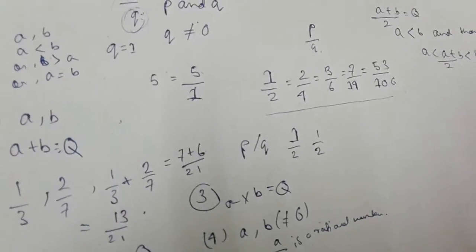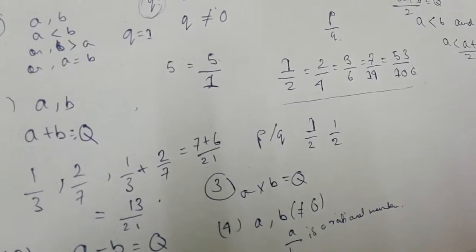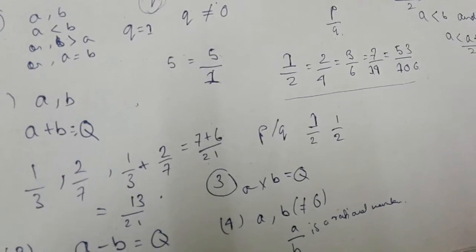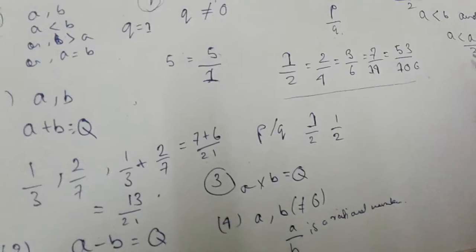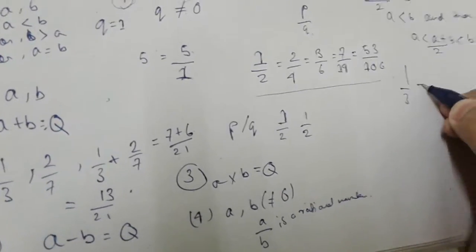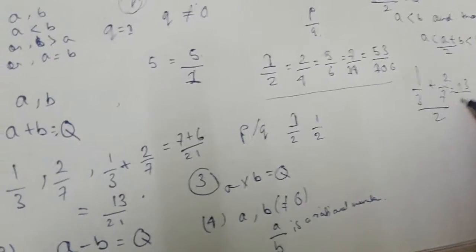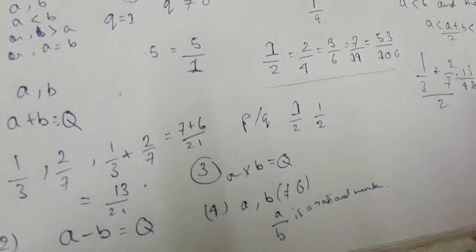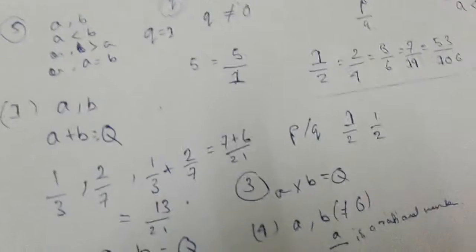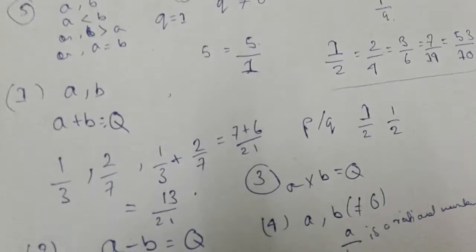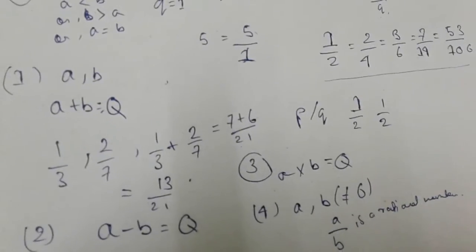Continuing this process, there are infinitely many rational numbers between two different rational numbers. For example, (1 by 3 plus 2 by 7) divided by 2 is equal to 13 by 42, which is a rational number. So till here are the six properties of rational numbers.